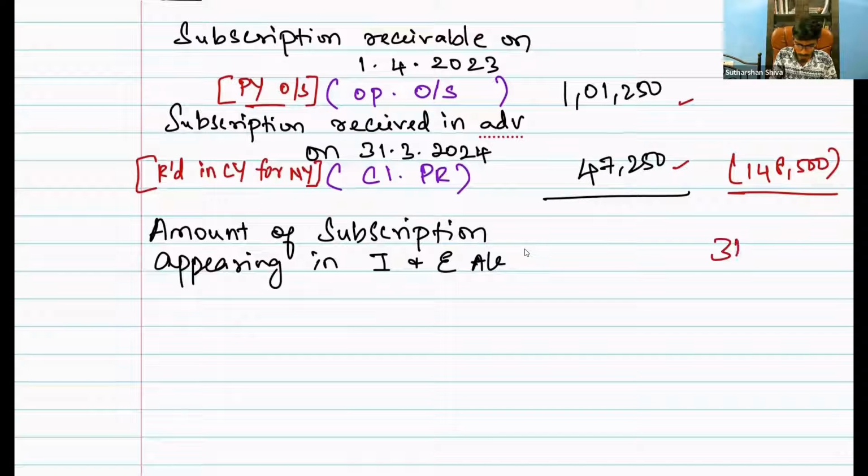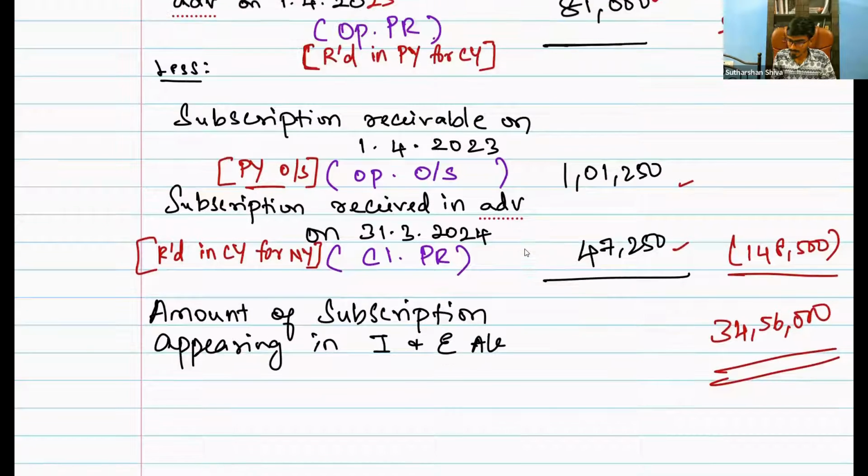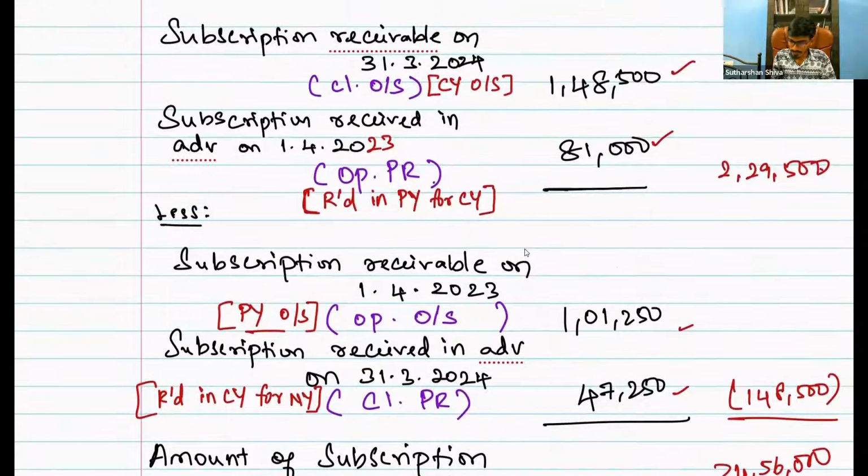I am getting 34,56,000. Everybody is getting the same. Is it right?